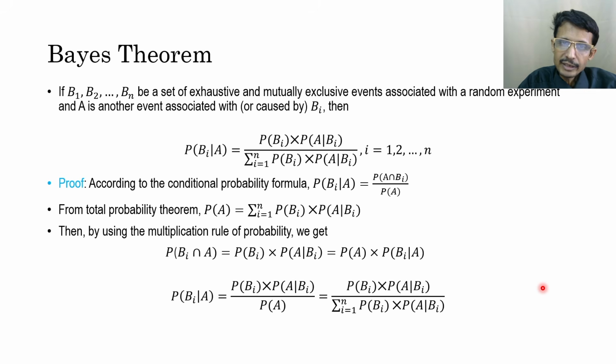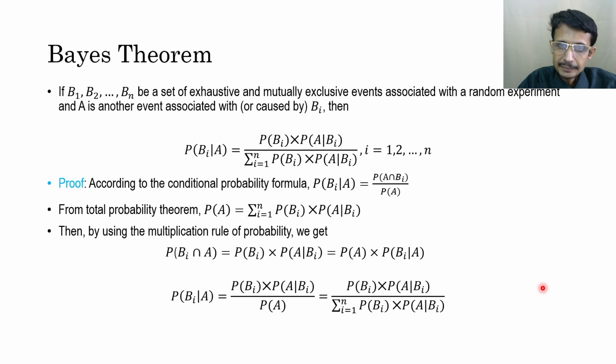The proof is also very easy, because we know from the conditional probability definition that P of Bi given A is P of A intersection Bi by P of A, and from the total probability theorem P of A equals the summation from 1 to n of P of Bi multiplied by P of A given Bi. Then by using the multiplication rule, we can easily understand P of Bi intersection A is equal to P of Bi into P of A given Bi.